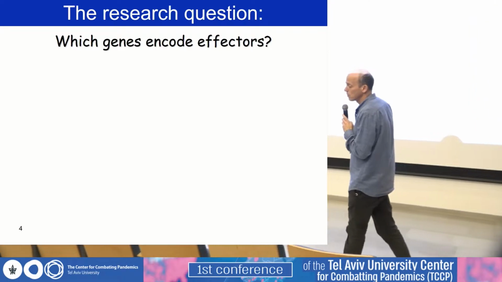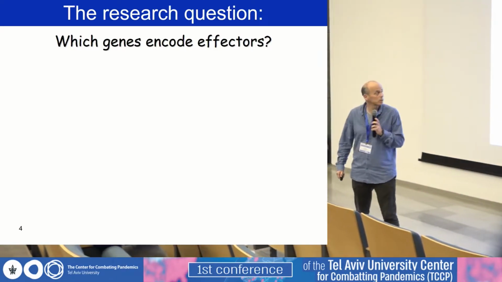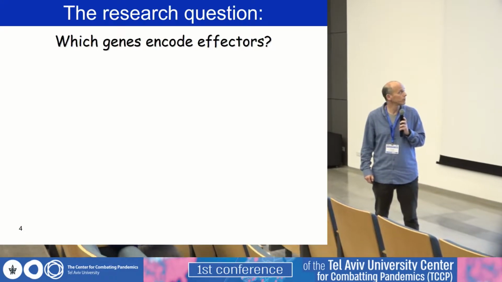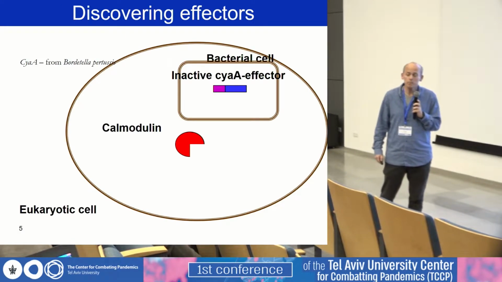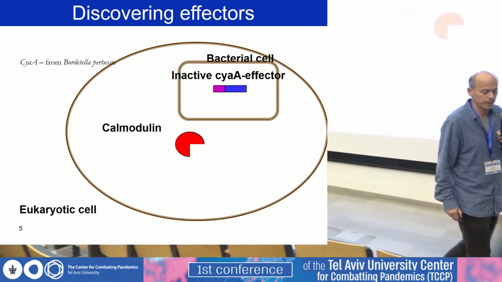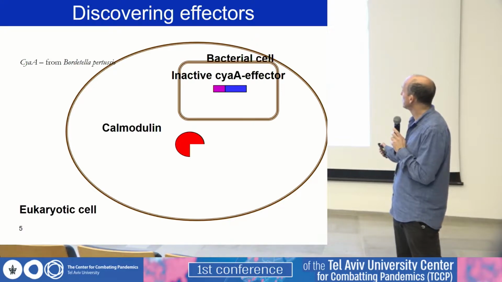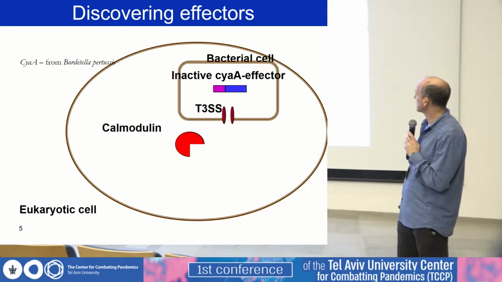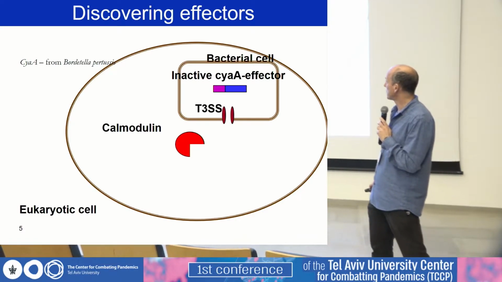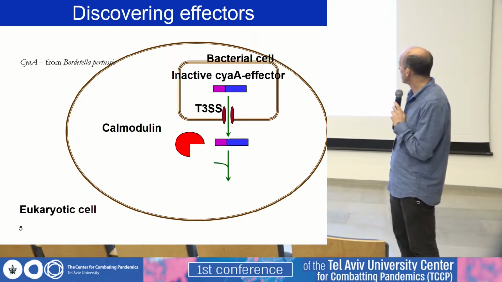Okay, so how can we identify the genes that are encoding for effector proteins? Basically, we have a test. If we have a putative effector, we can clone it, fuse it with the Psi-A toxin, and then if it's secreted through the type 3 secretion system into the host cytoplasm, the Psi-A toxin will interact with calmodulin.